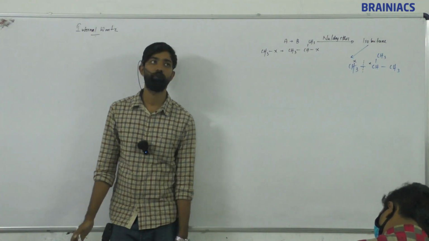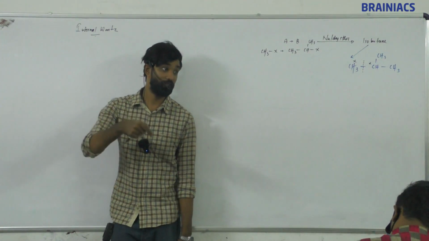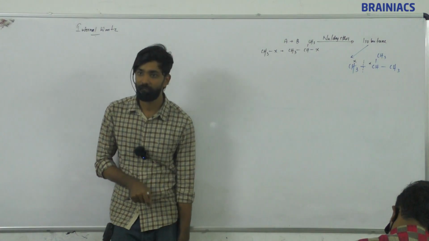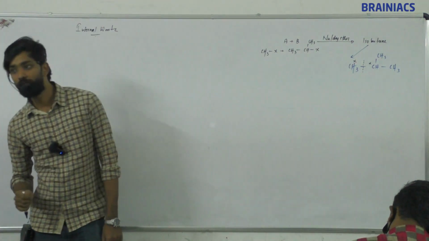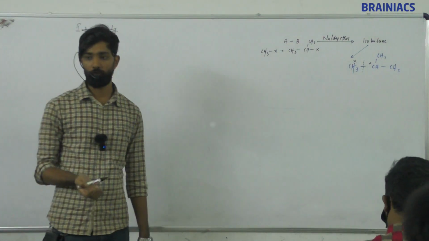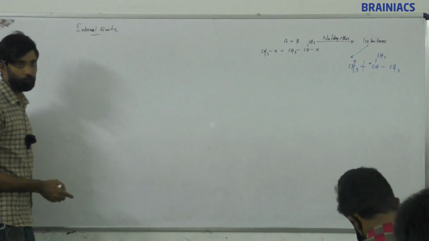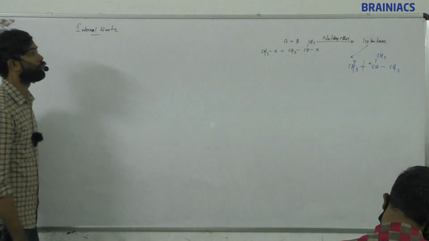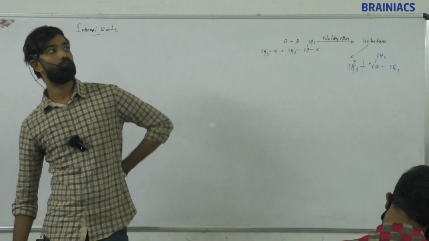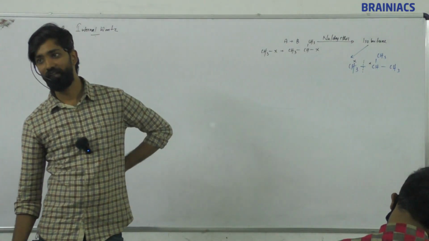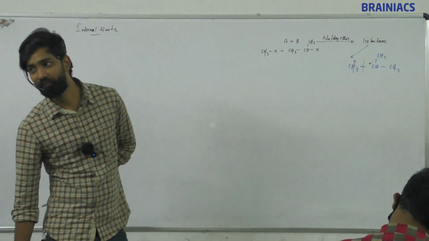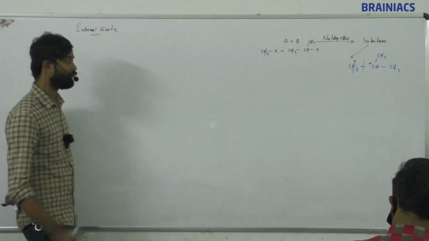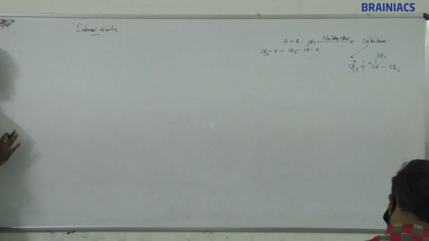So the Wurtz reaction is within a molecule, not between 2. So you may obtain compounds other than alkane, like alkene, cycloalkane. This is a case of Wurtz reaction.